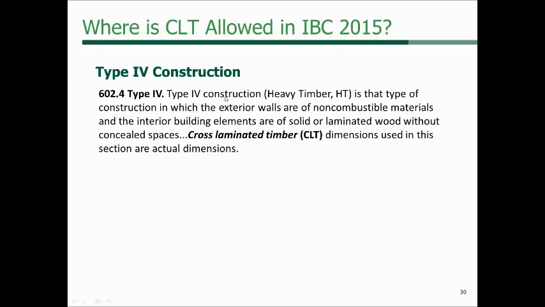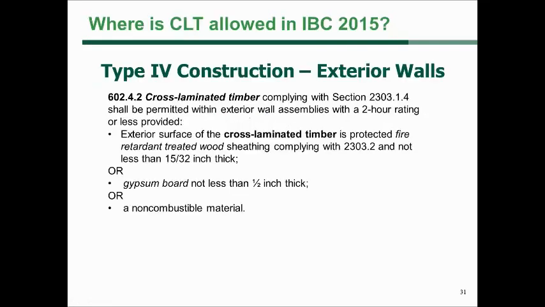So the sections that were adopted for heavy timber construction in the 2015 IBC specifically state that cross-laminated timber may be used under the heavy timber application, and it can be used in the exterior walls.